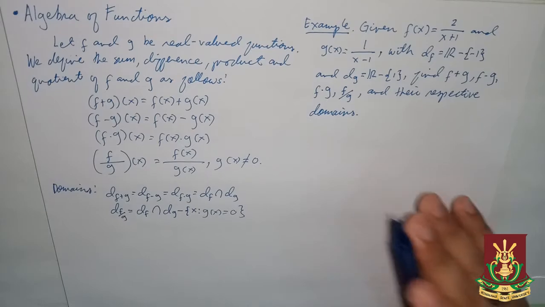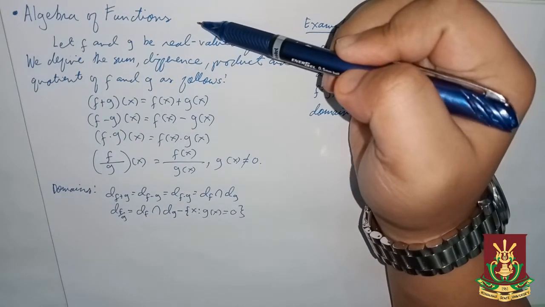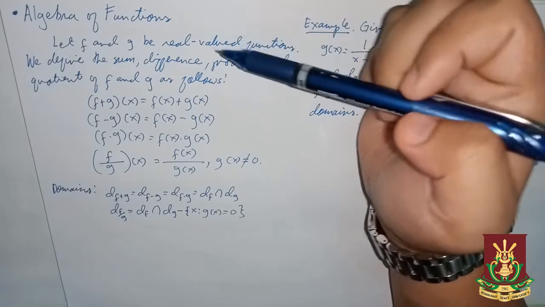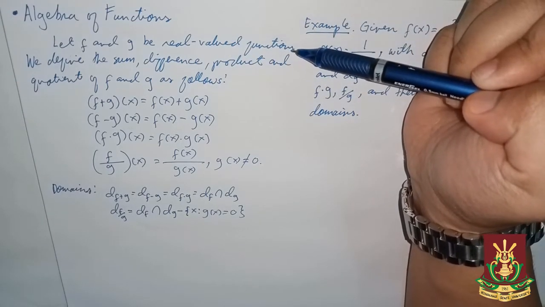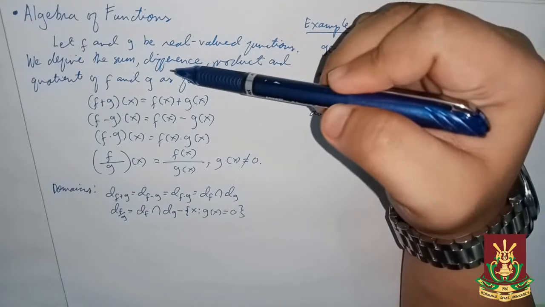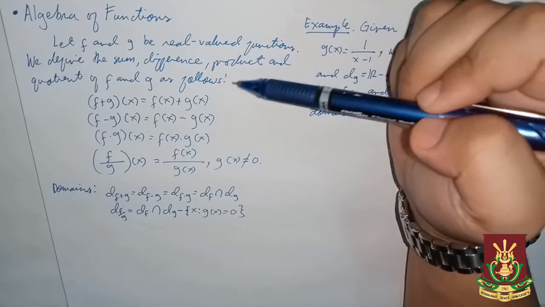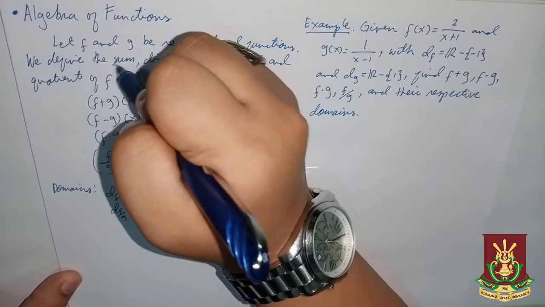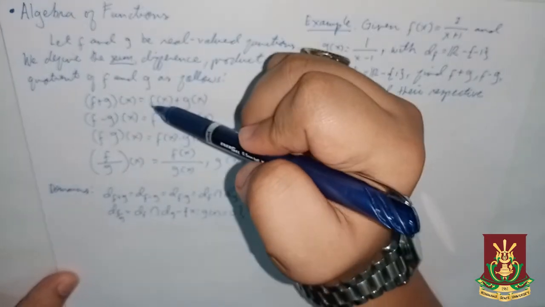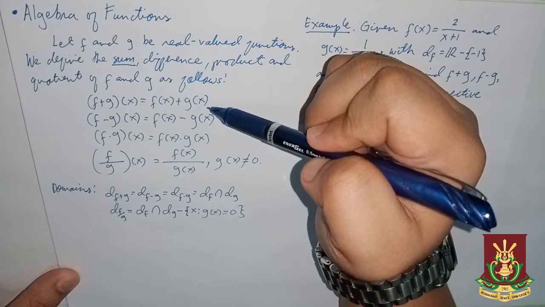Good day, everyone. Today, we are going to discuss the algebra of functions. If we let f and g be two real-valued functions, then we define the sum, the difference, the product, and the quotient of f and g as follows. The sum f plus g of x equals f of x plus g of x.